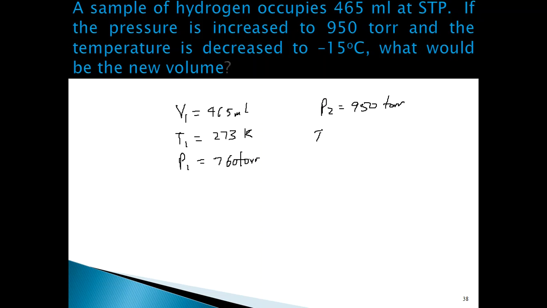The final temperature, T2, is minus 15 degrees Celsius, but we have to add 273 to get it to Kelvin. 273 minus 15 gives you 258 Kelvin. And the question is asking for the new volume, V2.